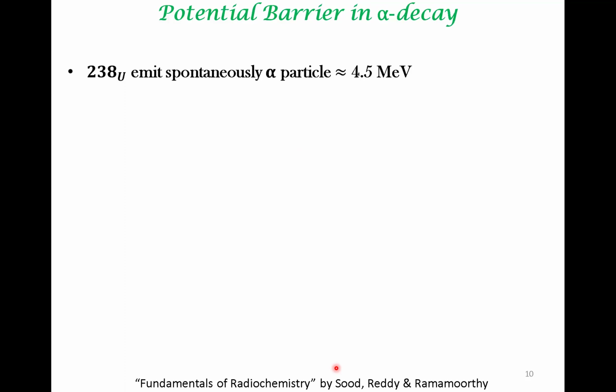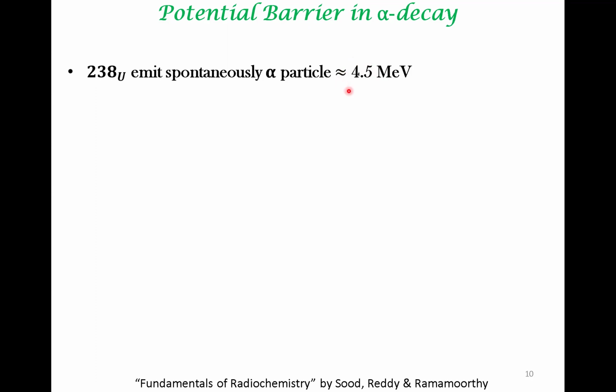Even though there is an energetic driving force for an alpha decay, and the alpha particle that comes out of, let's say, decay of this has some finite energy, what is interesting is that there is a rate constant.